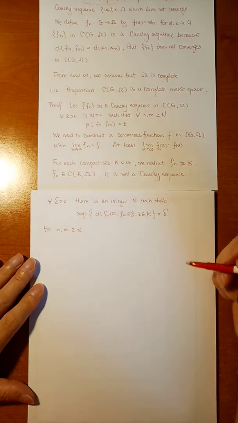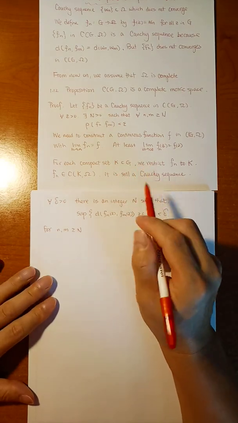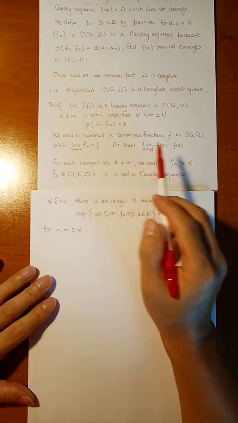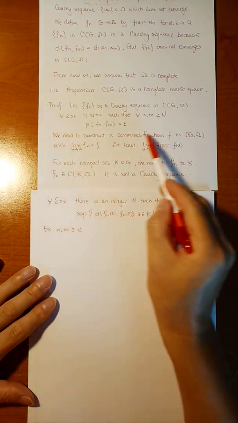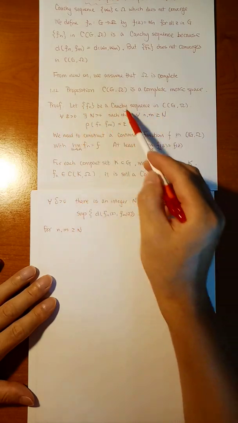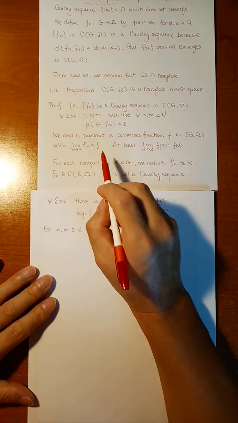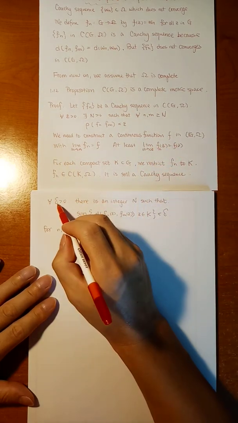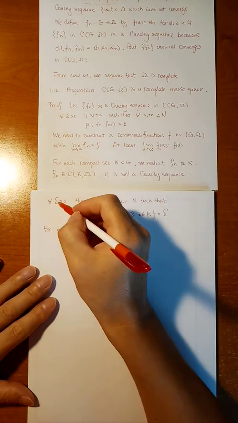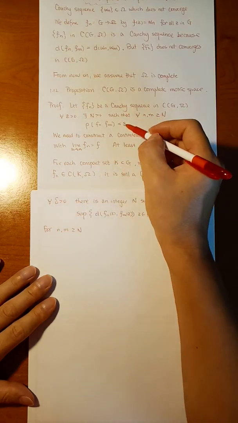How do we get this? Remember, we have that important lemma 1.7. When you have a Cauchy sequence, this condition is satisfied: for every epsilon, you have a capital N with this property. Now we have a compact set K, and K is fixed. For every delta, for this pair K and delta, you can find the epsilon.